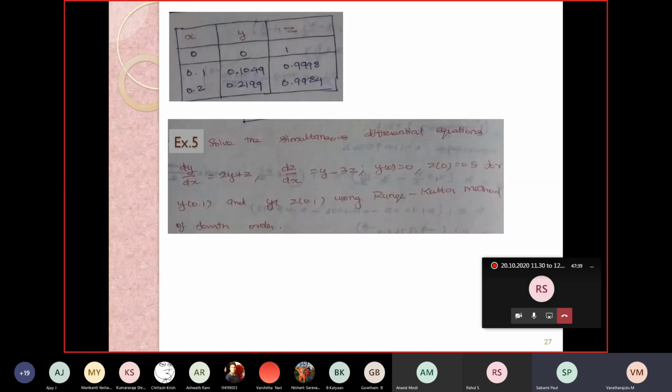Can you please write the first page once again? I couldn't understand what was written over there. Which one? Sir, the first page of this fourth question.